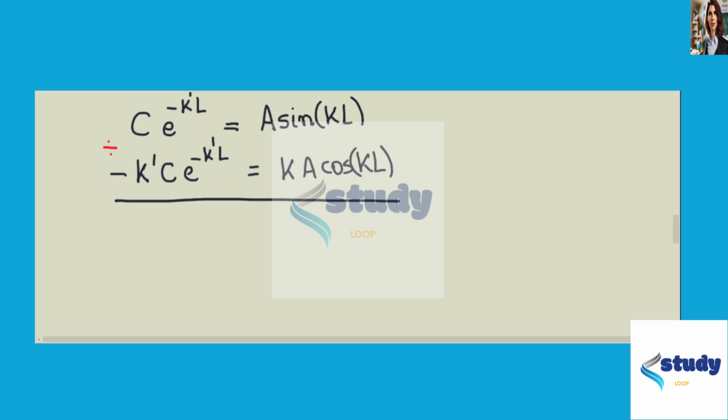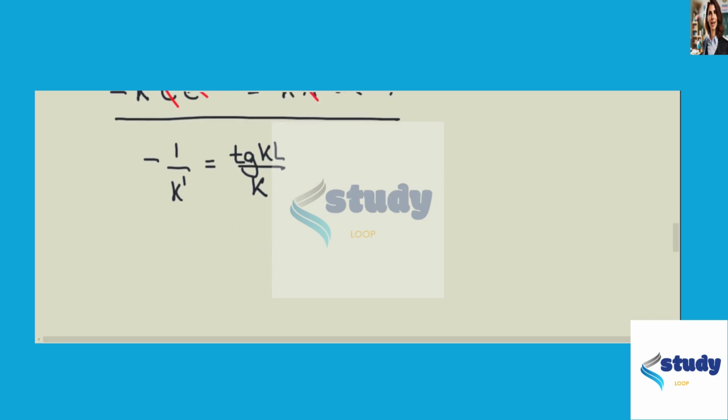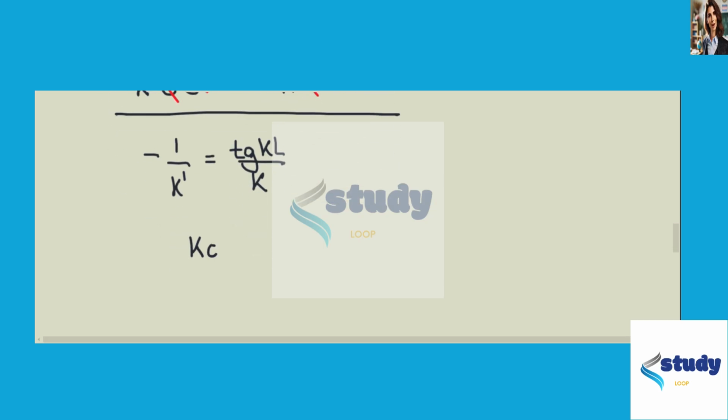The c's cancel out, the exponentials do as well, so does the a. So we have minus 1 over k prime is equal to tangent of kL divided by k. So we have that k times the cotangent of kL is equal to minus k prime. I just inverted the equation. So this is exactly what we wanted to show. And this concludes our exercise.